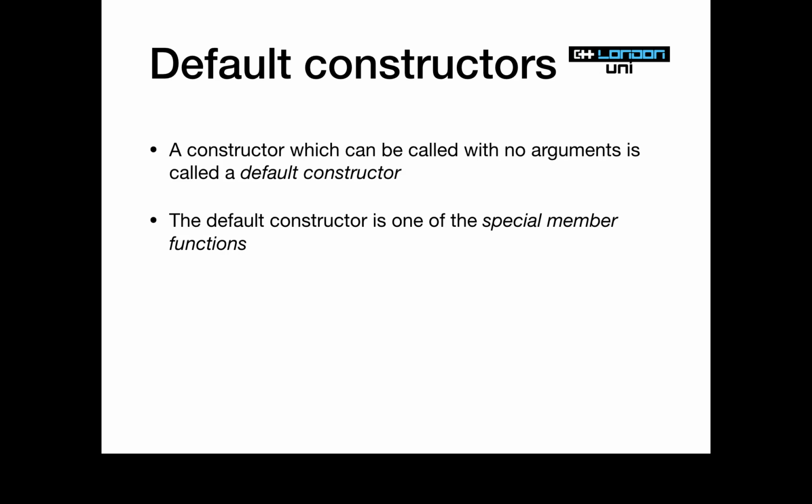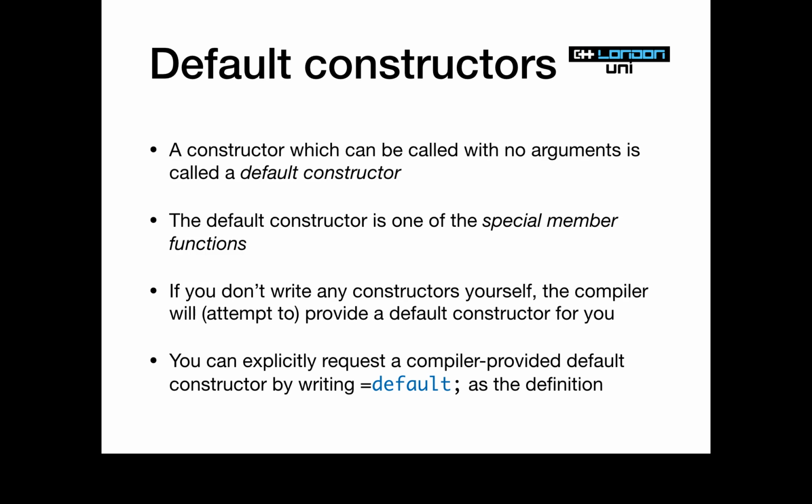If we don't write any constructors ourselves, the compiler will try to provide a default constructor for you. And we can explicitly say that we want the compiler-provided default constructor by writing this funny equals default thing as the definition of our default constructor.